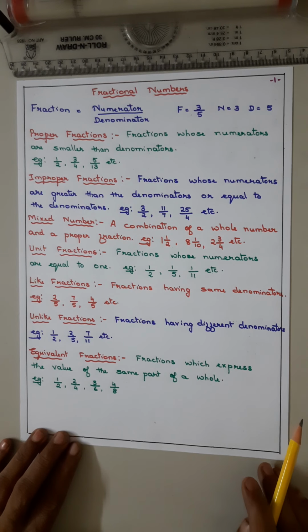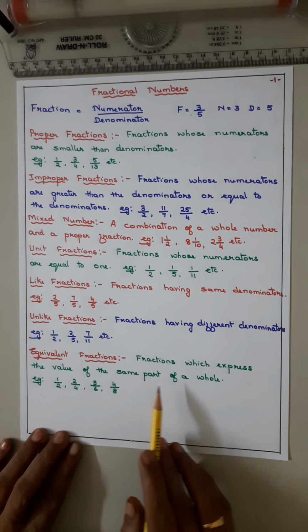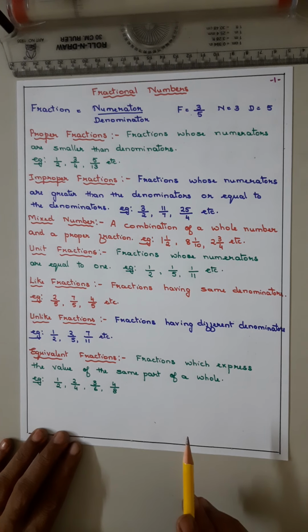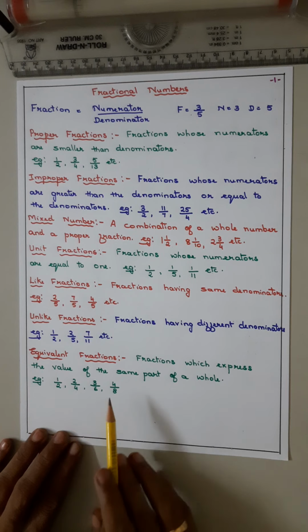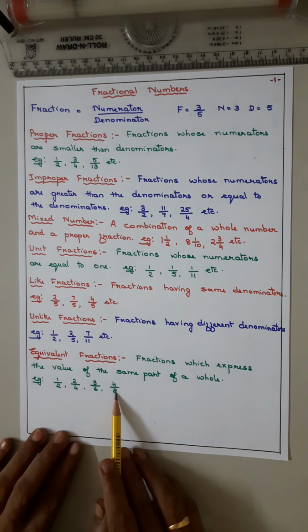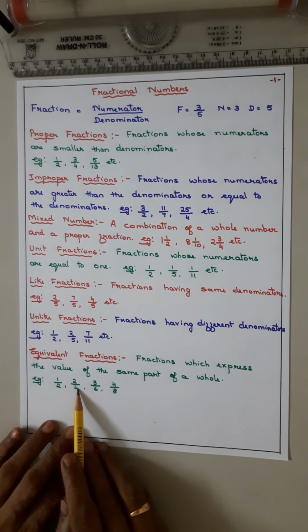Now coming to equivalent fractions. What are equivalent fractions? Fractions which express the value of the same part of a whole. Meaning 1 by 2, 2 by 4, 3 by 6, 4 by 8. 1 by 2 is also equal to 2 by 4.